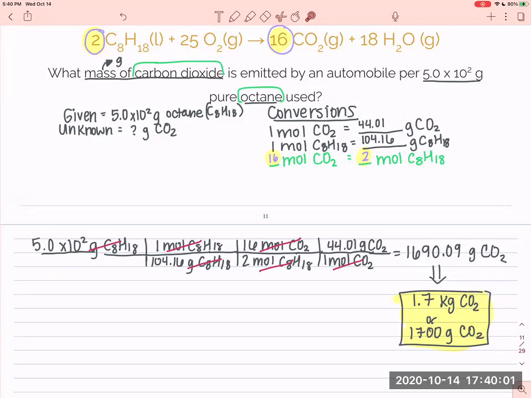So maybe you want to use this bigger number to communicate that to someone, right? Or maybe you know that they're familiar with the kilogram and how large that is, and going from 500 grams to 1.7 kilograms makes an impact on them. So, you know, your freedom is in your units, especially the higher up you go in science.